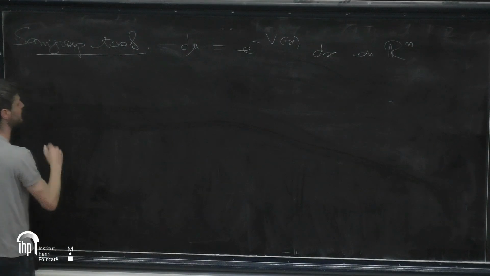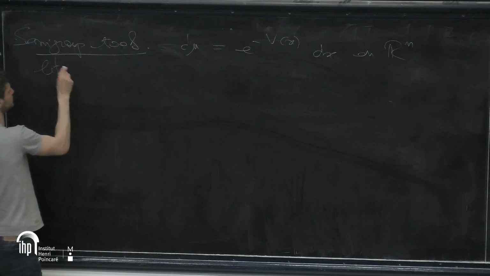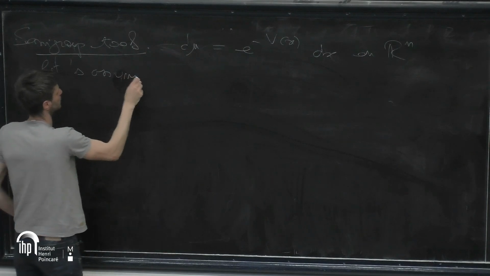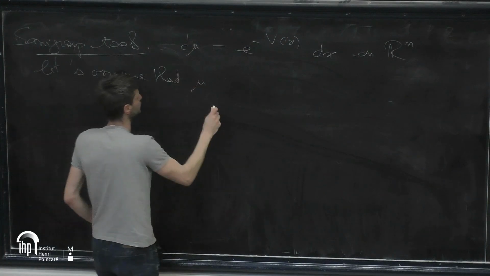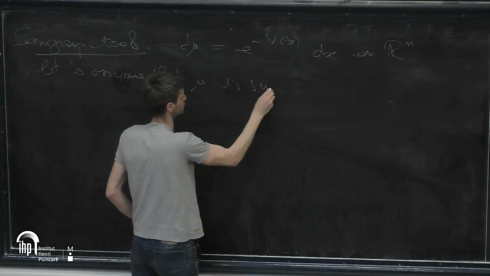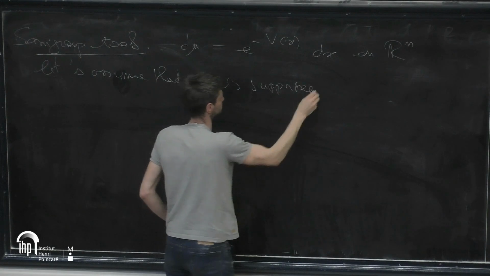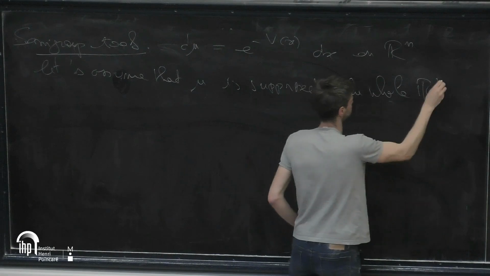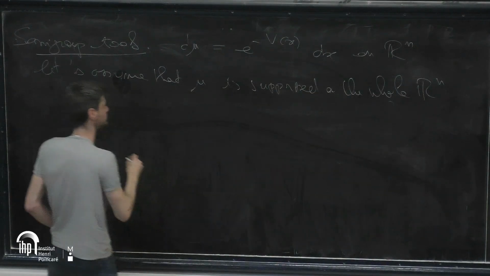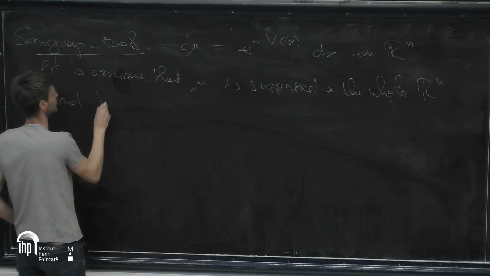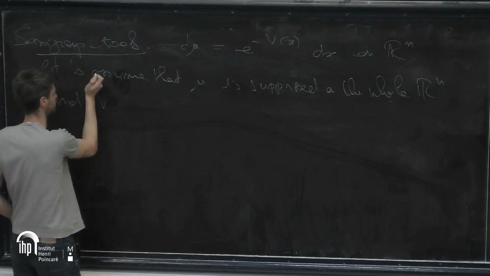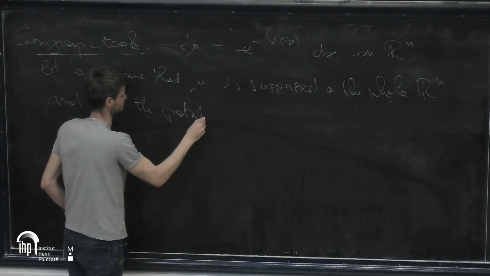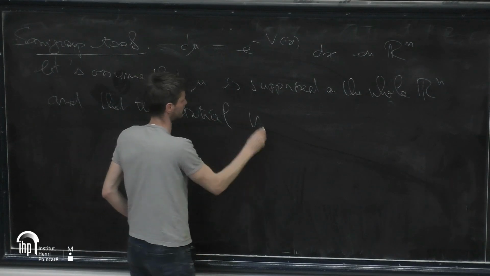I will assume that mu is supported on the whole space, and that this potential V is smooth.